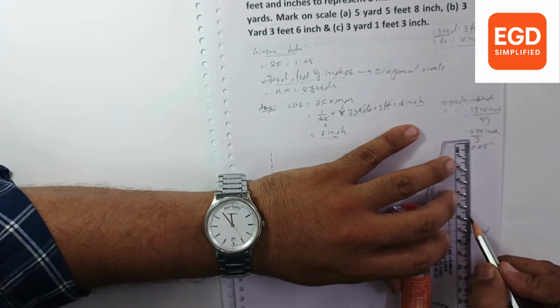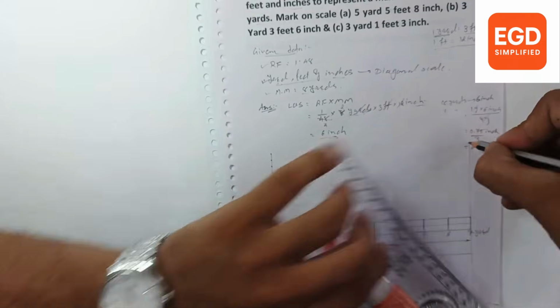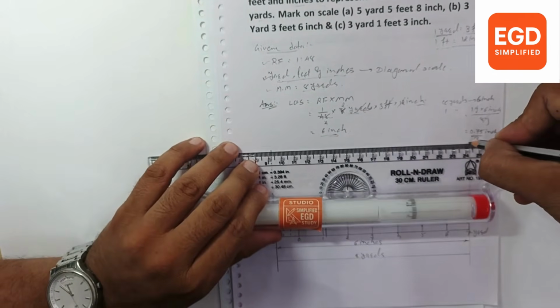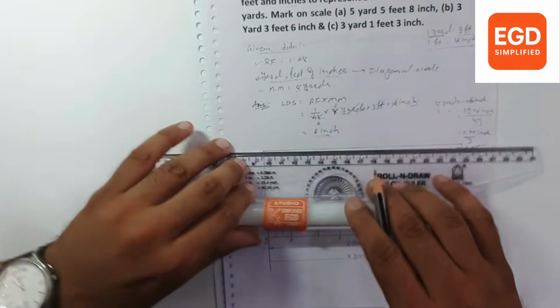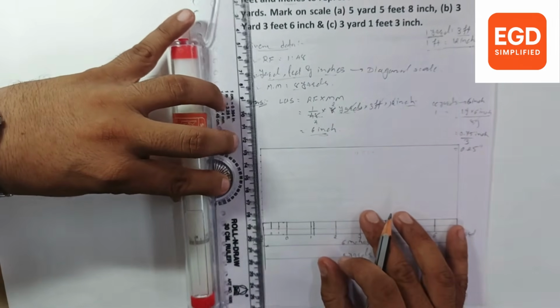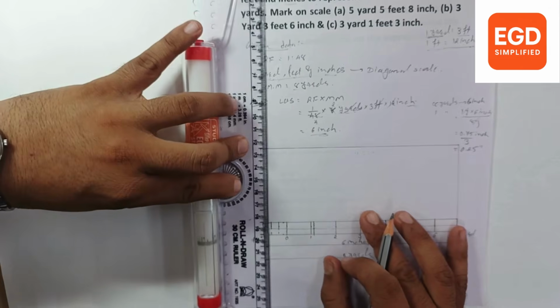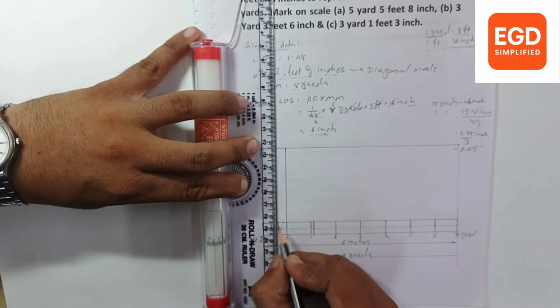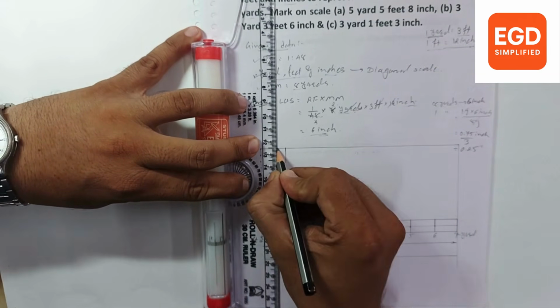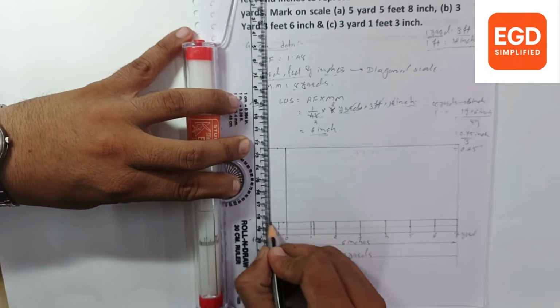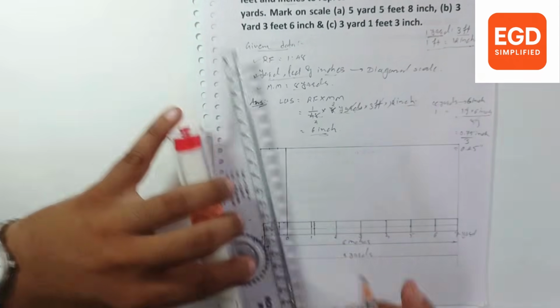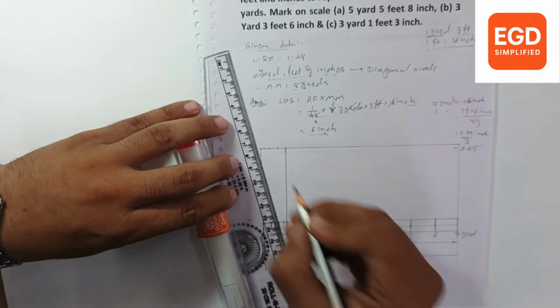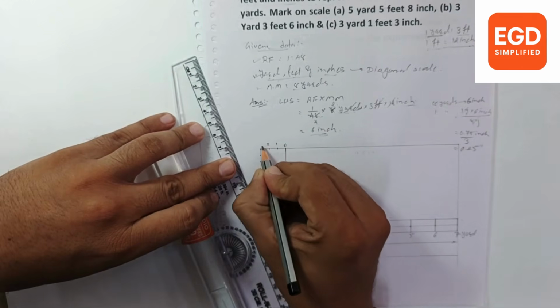Similarly, prepare a full block. Take your roller scale, roll the scale, plot the 0 point, then for 1 just mark here, for 2 mark here. Now we will connect this 0 point, this is 0, 1, 2 and 3.